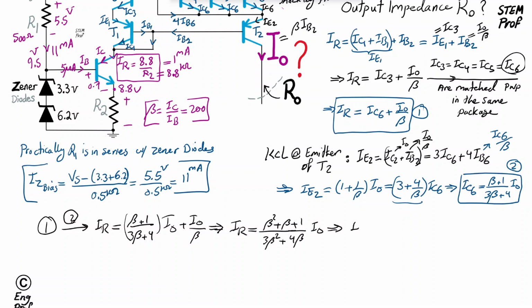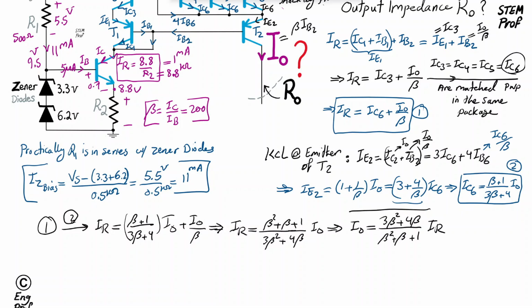And the last step is just representing I out as a function of I reference, which is obviously (3 beta squared plus 4 beta) divided by (beta squared plus beta plus 1) times IR.